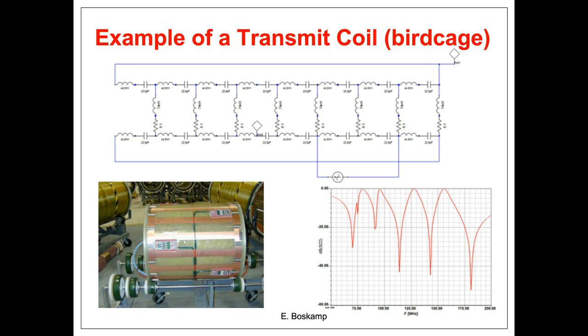As frequency goes up, the resonator has to shrink in size, and it gets to the point where you no longer have the ability to have homogeneous B1 fields, and the resonator also has to allow a person to go inside. So the birdcage pretty much is limited to about 3 Tesla and below. For human imaging, that would be about 128 megahertz.